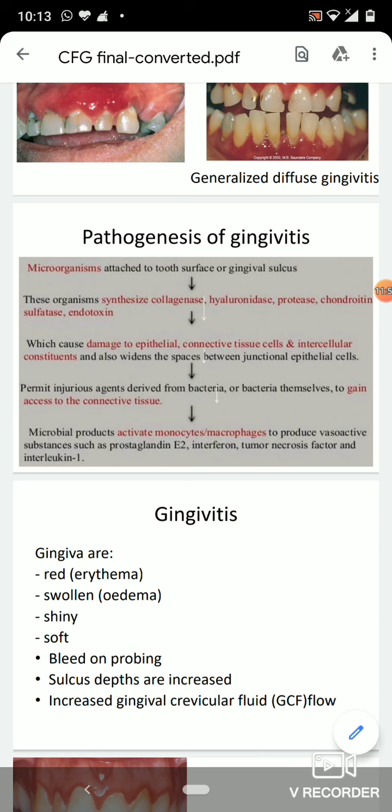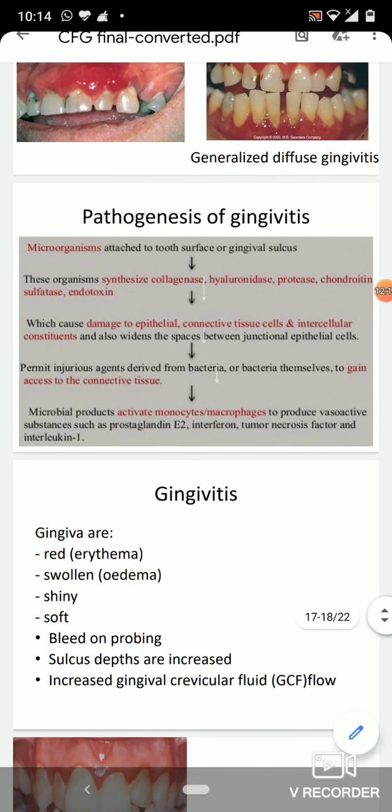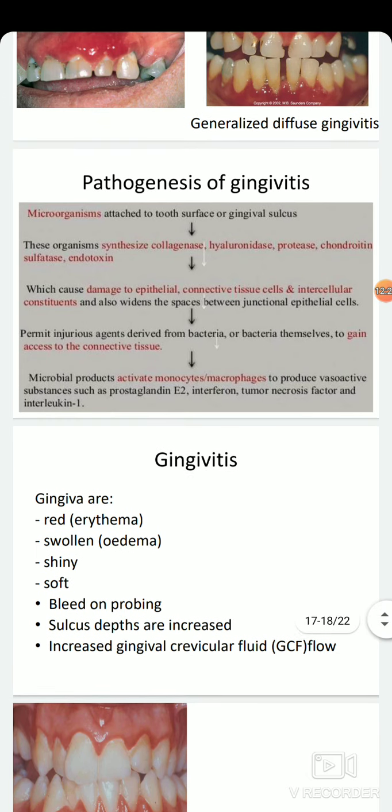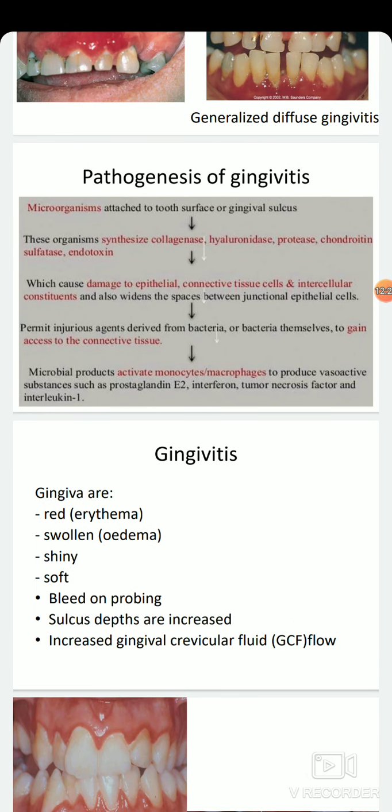They cause widening of spaces between junctional epithelial cells, which permits injurious agents from bacteria, or the bacteria themselves, to gain access to the connective tissue, activating monocytes and macrophages to produce vasoconstrictor substances, making changes in the gingiva, causing redness, swelling, and shiny gingiva.